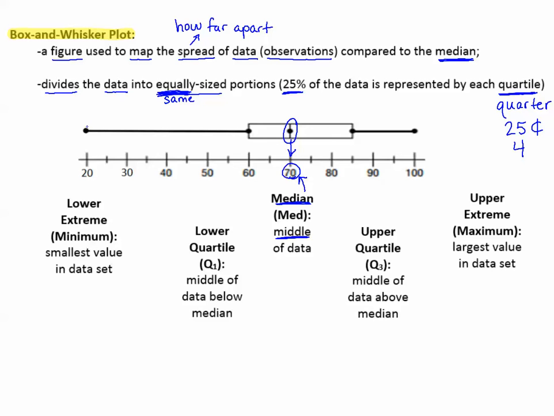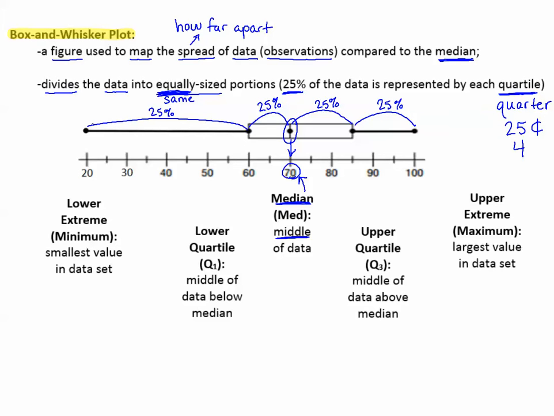So in this section, from 20 up to 60, there is 25% of the data. From 60 to 70, there is 25% of the data. From 70 to 85, there is 25% of the data. And from 85 to 100 is 25% of the data.